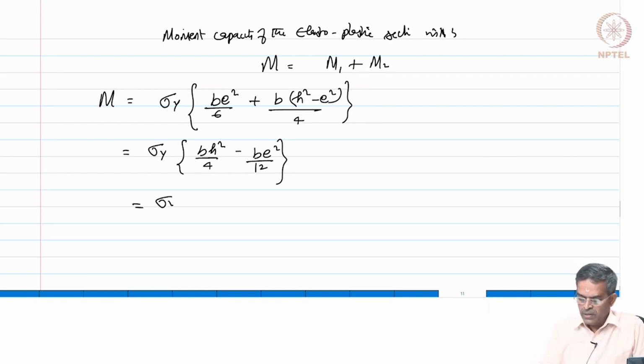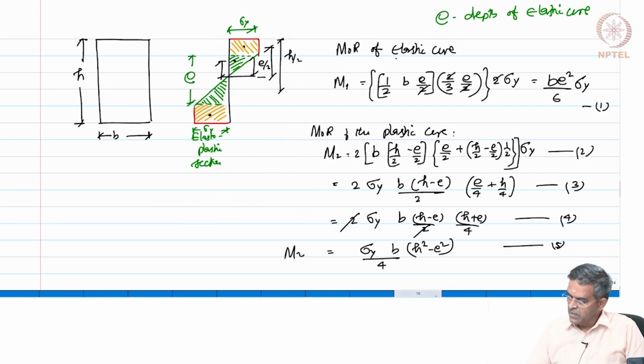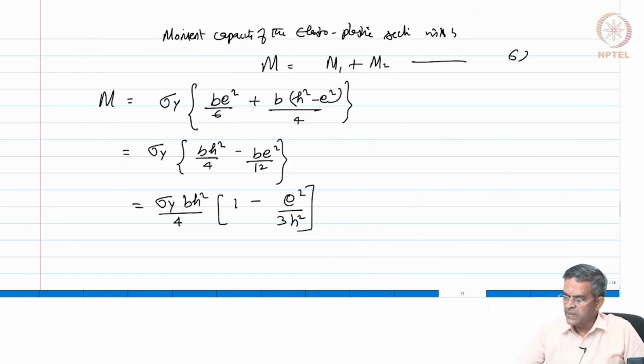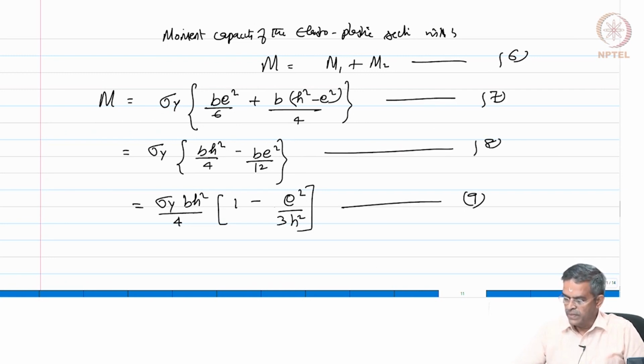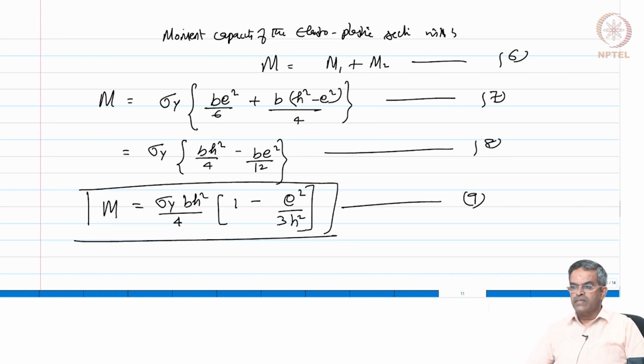Again on simplification, sigma y B H square by 4 of 1 minus E square by 3 H square. Please check this. This was 5, so I call this as 6, this as 7, this as 8, this as 9. So, that is my total moment capacity of the elastoplastic section, which is sigma y B H square by 4, 1 minus E square by 3 H square.